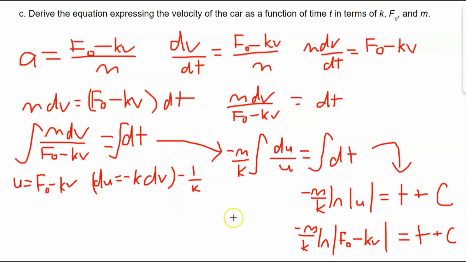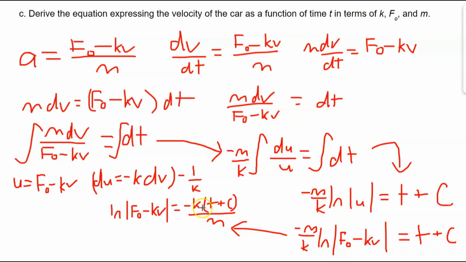So have another arrow, and it's going to be ln, the absolute value of f sub naught minus kv equals negative k times t plus c over m.